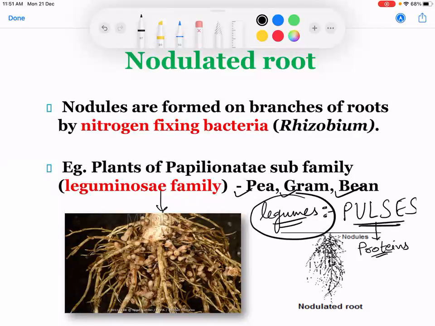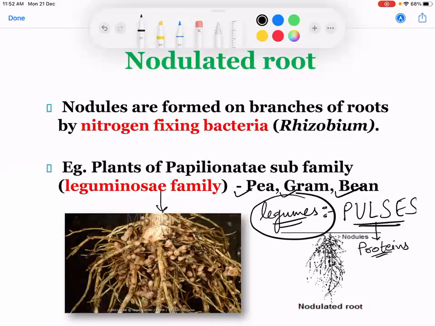The source of protein is pulses, as we know. Proteins are produced in large quantity in them and get stored in the seeds. In order to produce a huge quantity of protein, they require a special mechanism, and for that reason they have nodules.